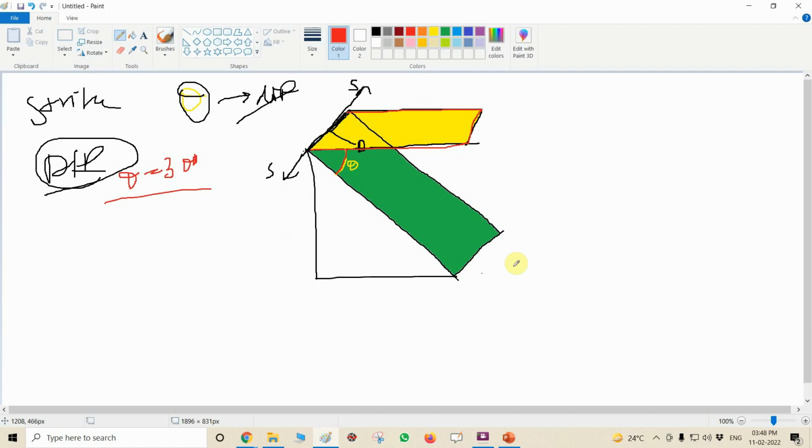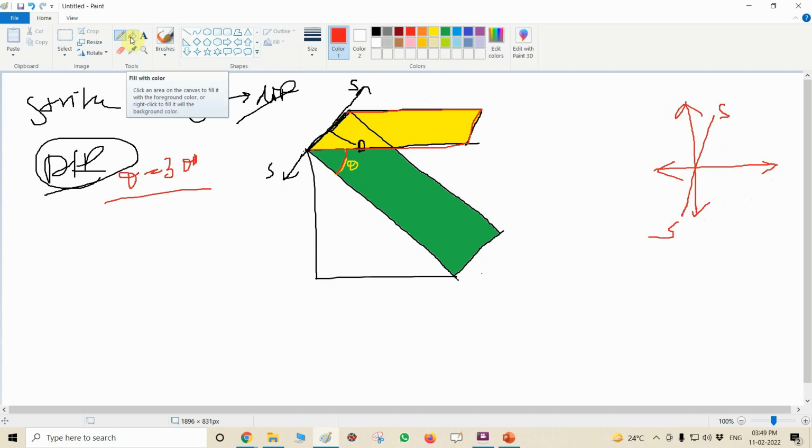Now I'm taking only the strike direction. So I'm putting this line here. This is our line SS. On a horizontal plane I can always consider the directions.